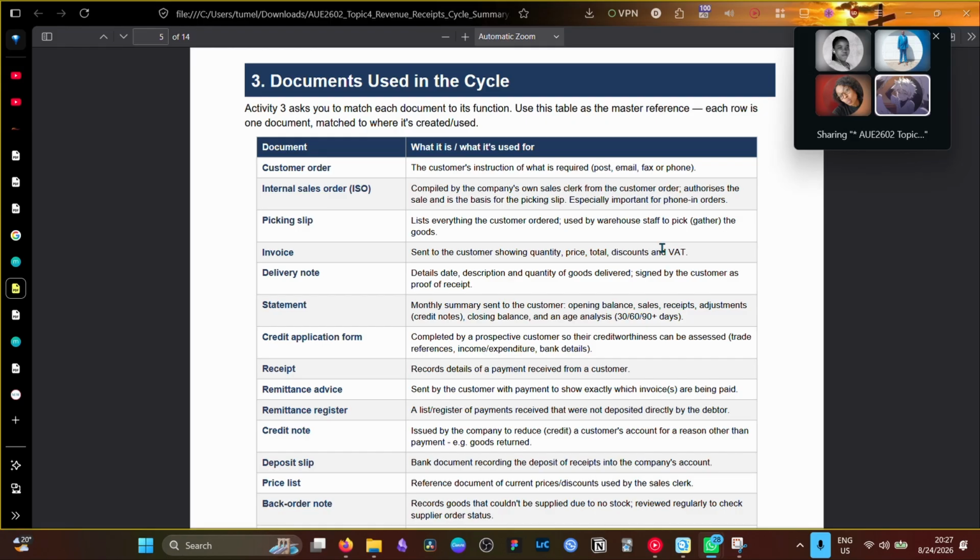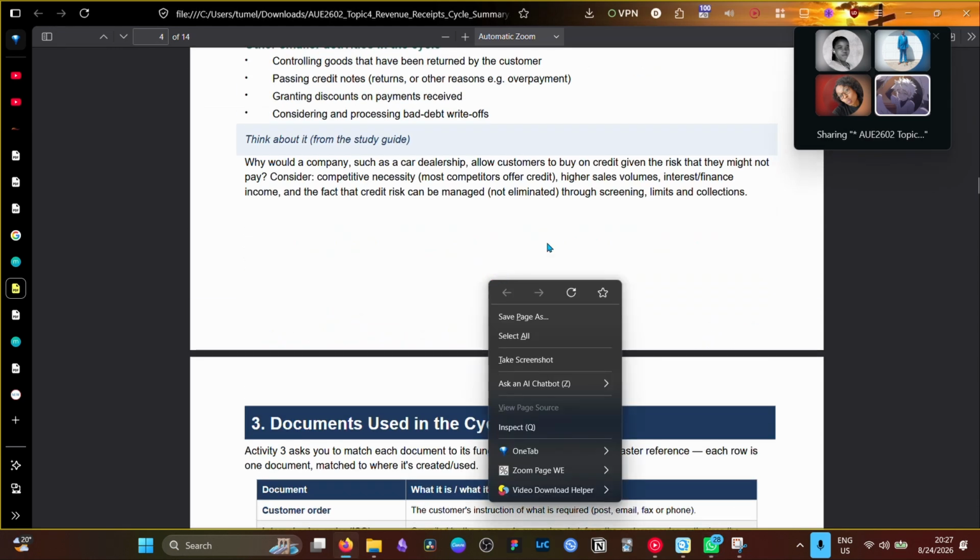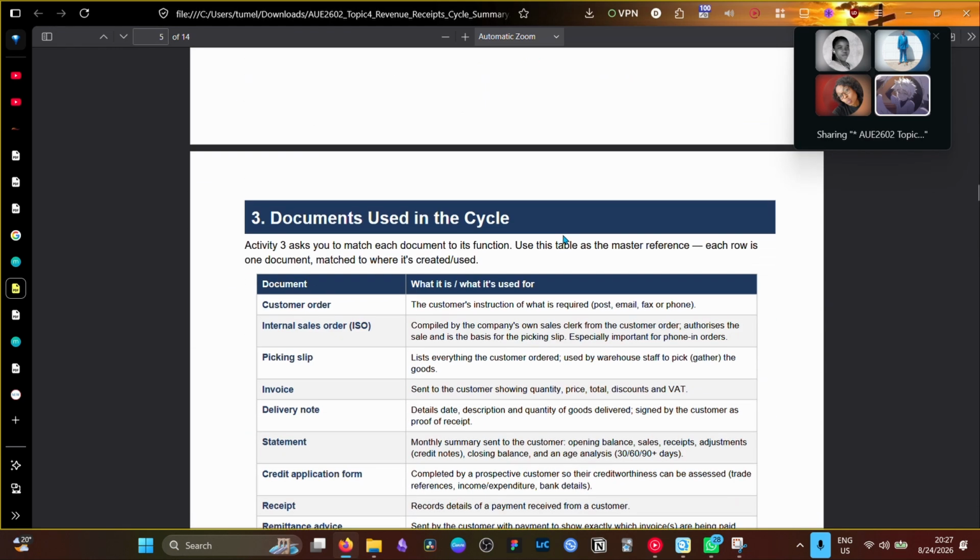All right. So the invoice could be in multiple departments. For example, which department?